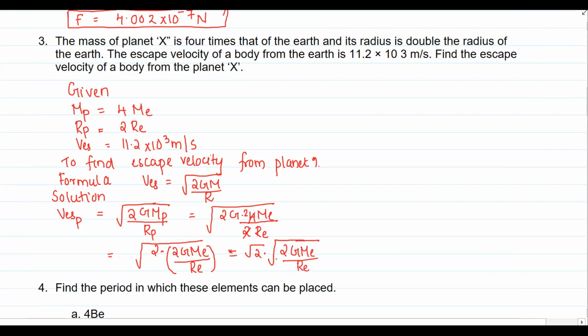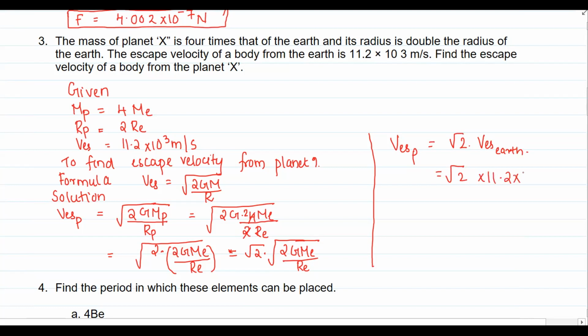So this quantity under root 2GME upon RE is the escape velocity of Earth, and that value we know. That is, we got V escape of planet is equal to root 2 into escape velocity of Earth.